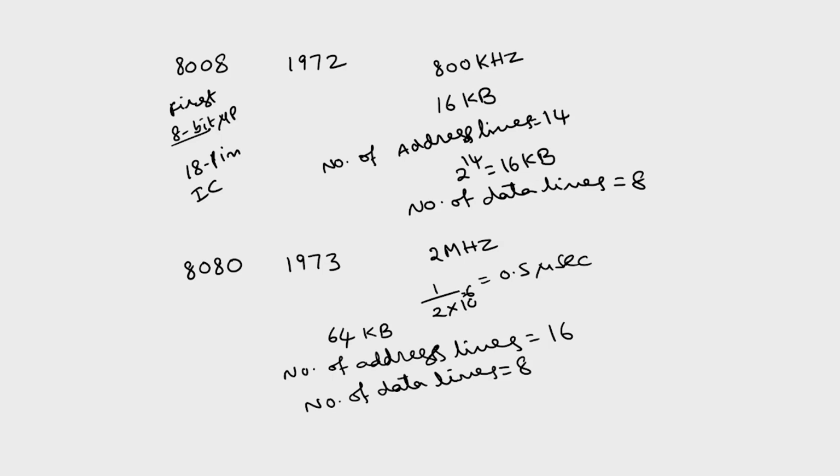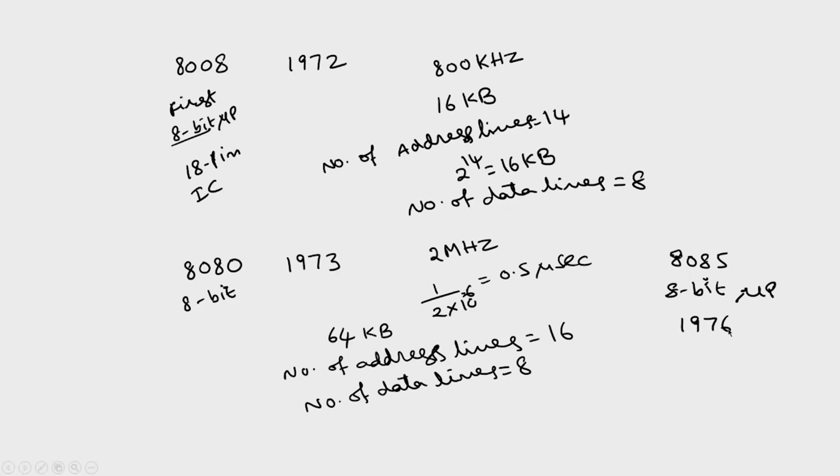So next, the 8085 microprocessor, which is one of the famous 8-bit microprocessors. This is also 8-bit, developed in 1976.